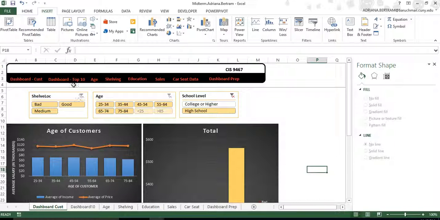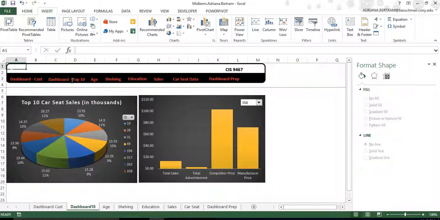Okay, so for the next dashboard, I decided to look at just the top 10 sales since there's 400 different locations. It's a little bit much, so I tried to narrow it down a little bit. So the pivot charts here show the top 10 seat sales, as well as the different metrics for a particular location.